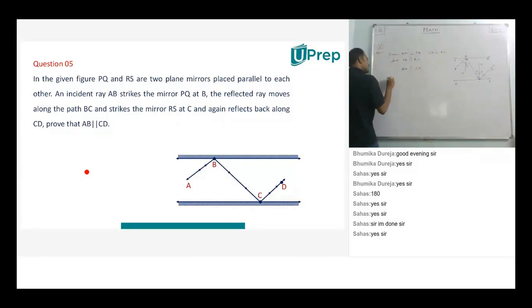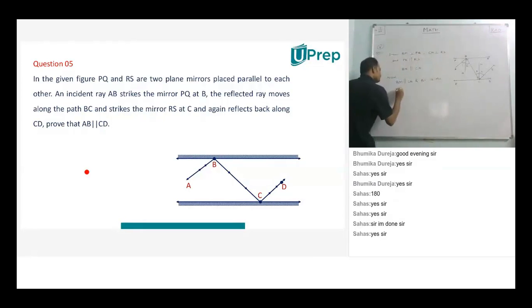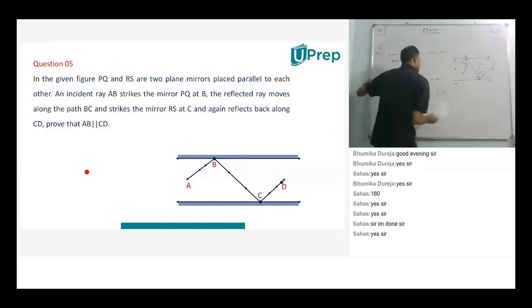Now, BM is parallel to CN and BC is the transversal. Therefore, angle 2 is equal to angle 3.